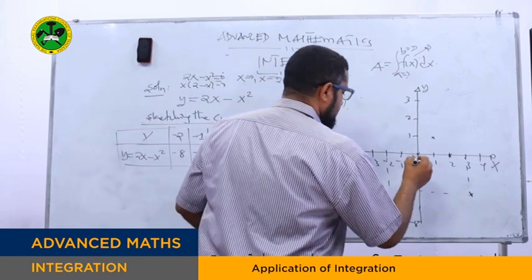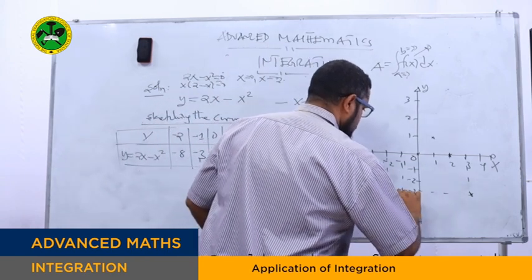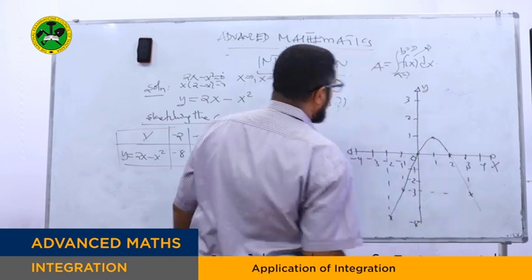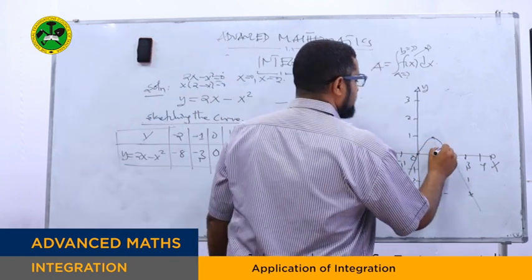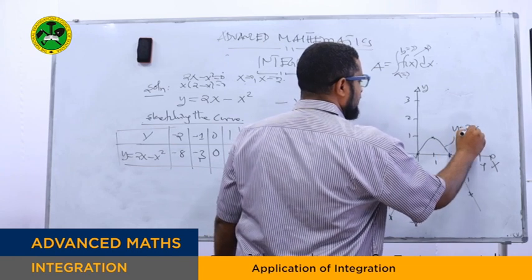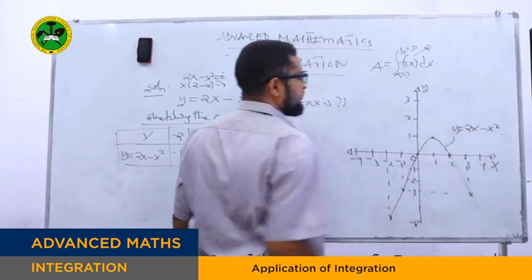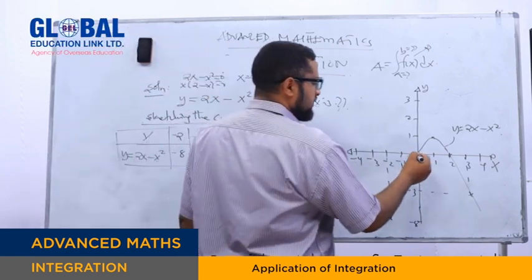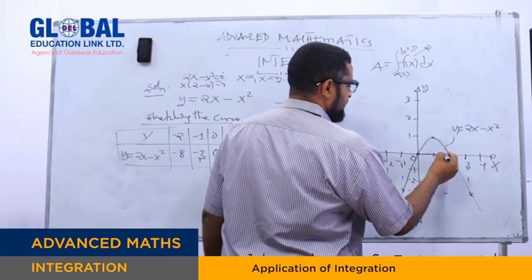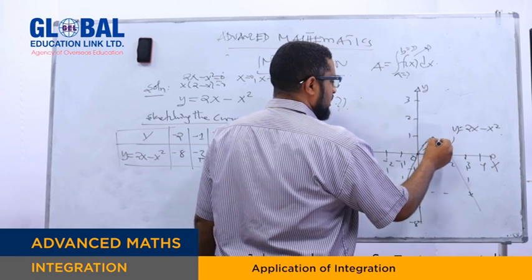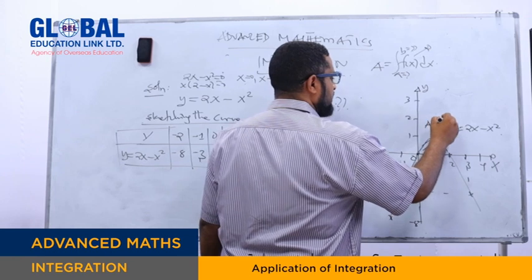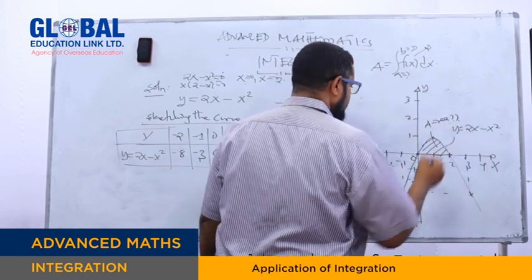Thereafter, joining the points, you can see the graph of y. This is the graph of y equal to 2x minus x squared. Now the area with x-axis. This is our x-axis, then this part is the one that we are looking for. This is the required area.